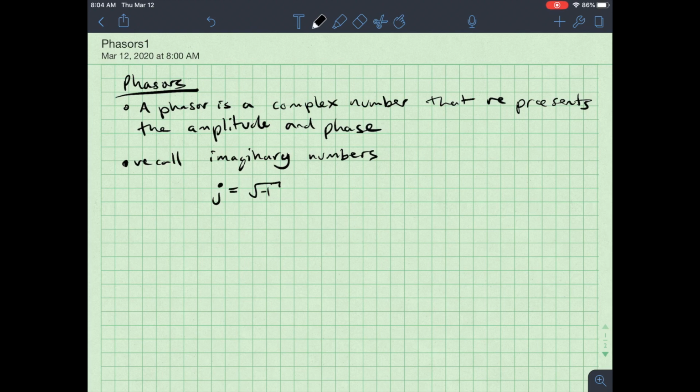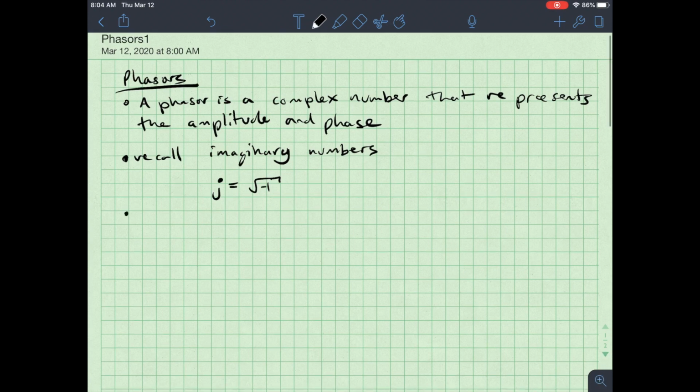But in circuits, we use J. And my anecdotal reason we use J is that I is already taken in circuits. We use I to represent current, so we just use the next best thing, which is J.